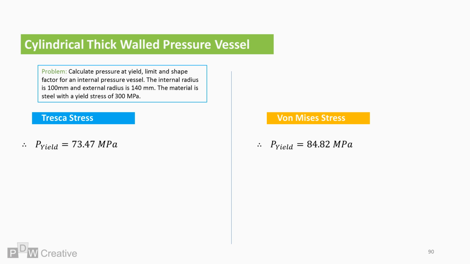However, using a more comprehensive method, von Mises calculates stress reaching 84.82 megapascals for first yield. Stress rises to 100.94 megapascals for Tresca at pressure limit, rising to 116.56 megapascals for von Mises.